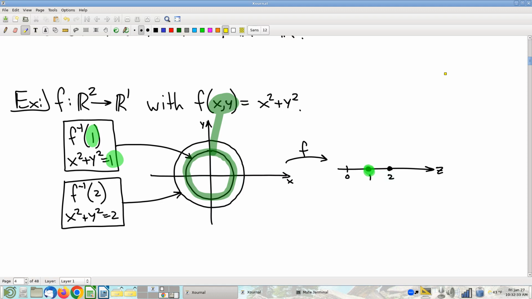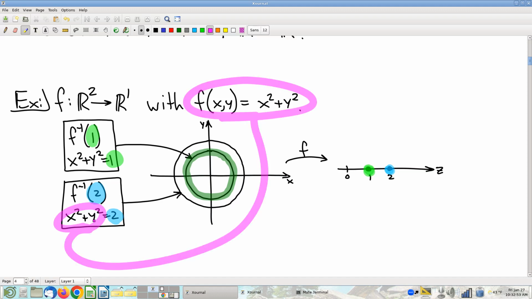Okay, so there's one of our level sets, and now let's see the next level set real quick. We'll look at a different output value of 2, and so we want to know for that, what is the level set corresponding to 2? We want f inverse of 2. We want to know where the value of the function is equal to 2. Value of the function, of course, still being x squared plus y squared.